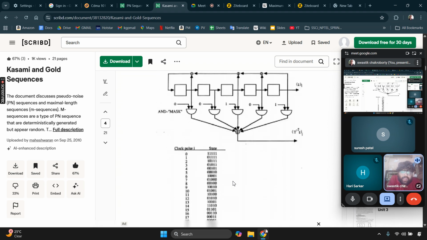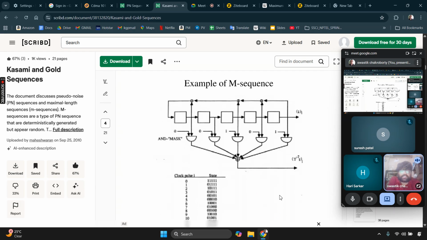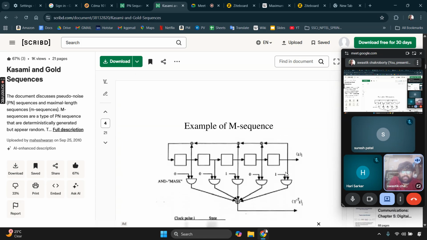Here you can see one example of a maximal sequence generation. You take x, x square, x cube you miss, you take x4, x5.